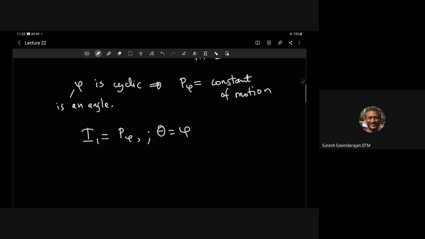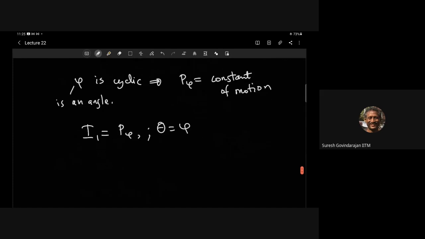So these are all constants. So now let's go back and work. What I'm doing now again is a different method, but I'll say H now is equal to p rho square by 2m plus I1 square by 2m rho square plus V of rho.